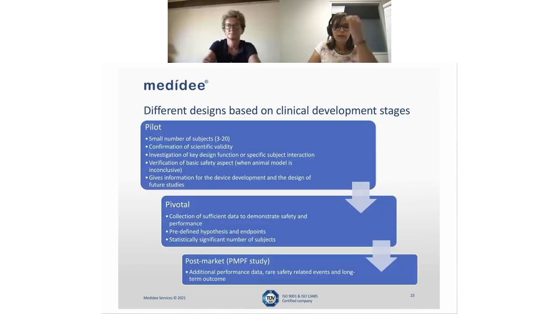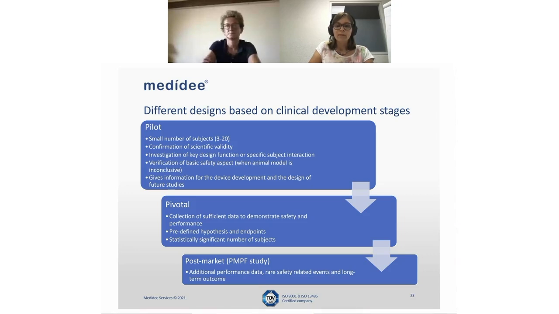As well, when considering a clinical performance study, you can think that maybe at the beginning you could have a pilot study, which is going to be a first small number of subjects. This could, for example, be used to confirm the scientific validity of your device.